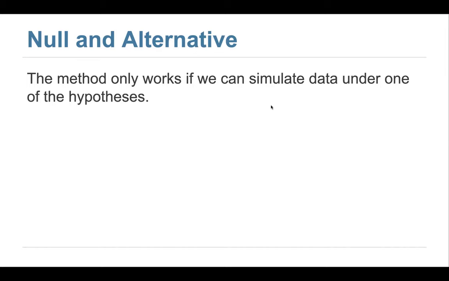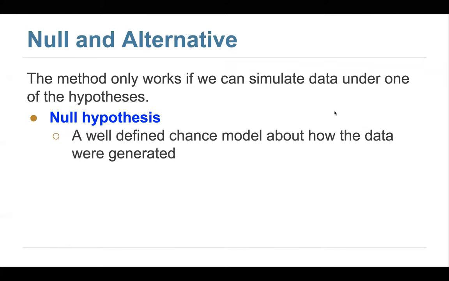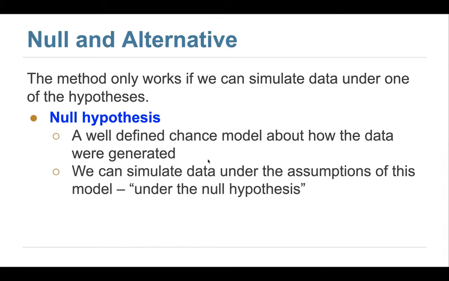And then same in the case of the Alameda jury panel. We had a bunch of different races, and we knew what the percentage of people in the population are for those races. Therefore, we can simulate what a jury might look like from that population. So that part's really important. And typically the model that you can simulate well from is going to be the null hypothesis. That's why many times you'll see this phrasing, under the null hypothesis.